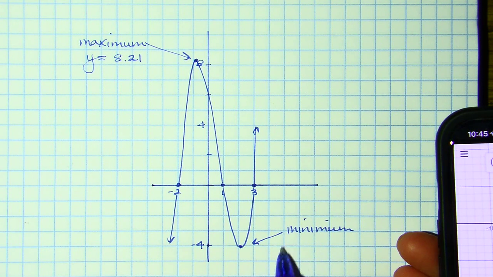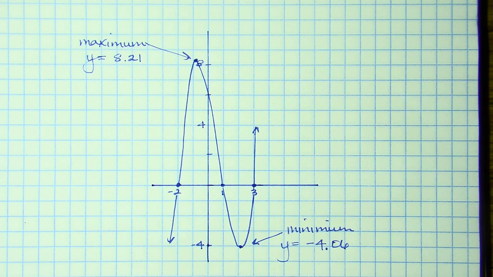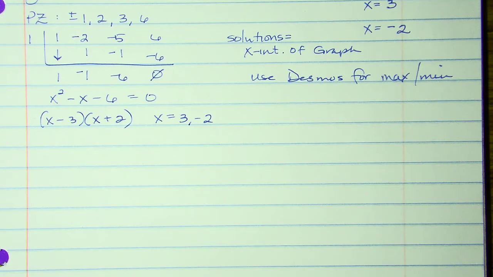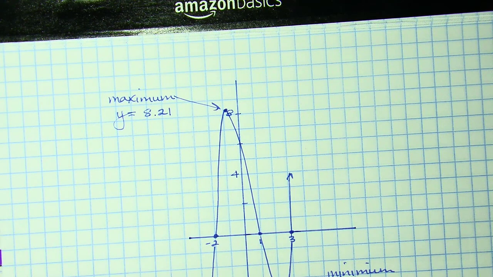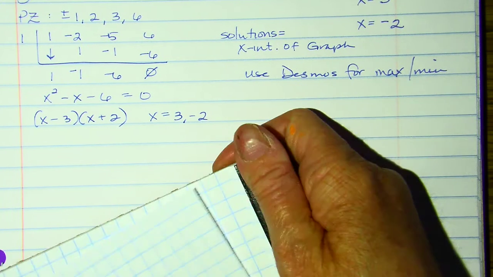According to Desmos, y equals -4.06. Okay, and we only list the y values for that. So that is E. And I will tape that down. All right, next one.